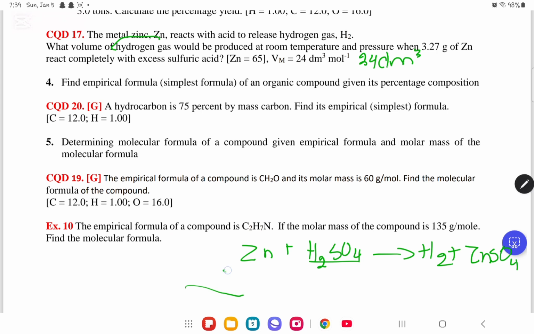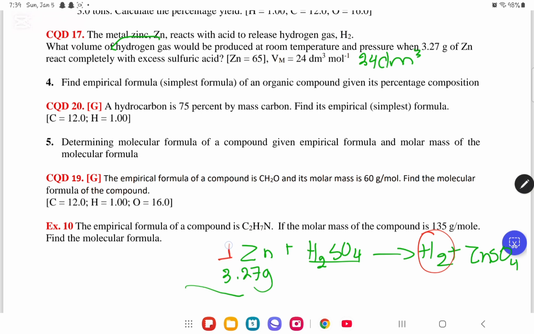3.27 grams of zinc react completely with excess sulfuric acid. So here, very simply, we need to find the number of moles of hydrogen gas. After that, we would be able to find the volume of hydrogen gas. So to find the number of moles of hydrogen gas, we need to find the number of moles of zinc.